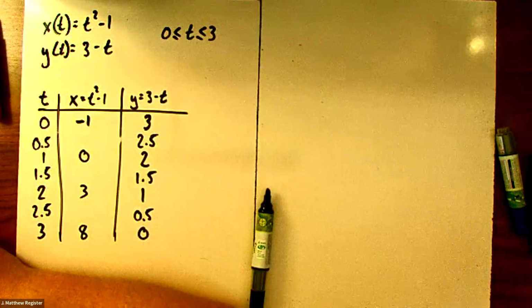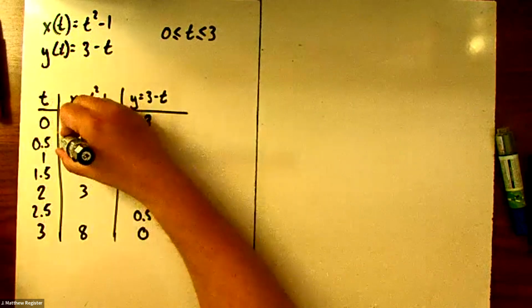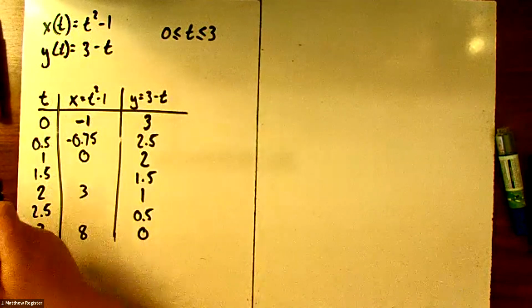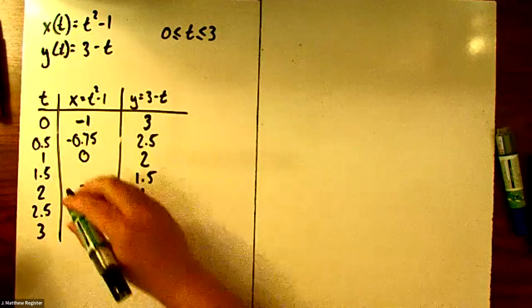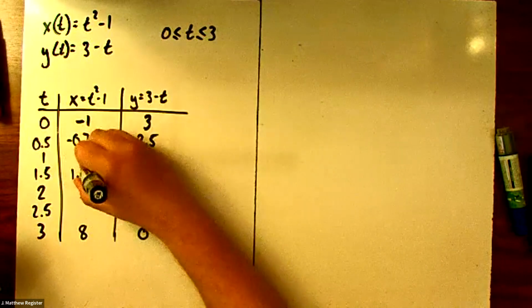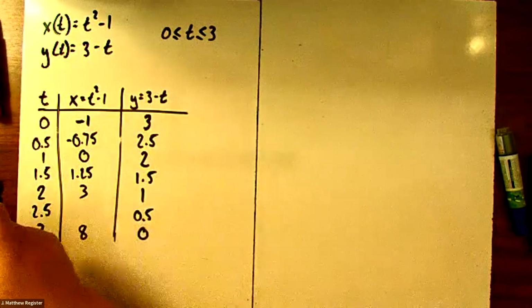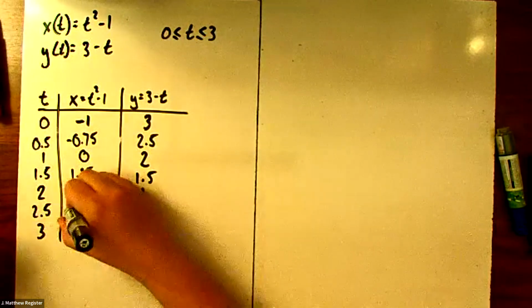0.5 squared minus 1 is negative 0.75. 1.5 squared minus 1 is 1.25. Then we have our 2.5 squared minus 1 is 5.25.